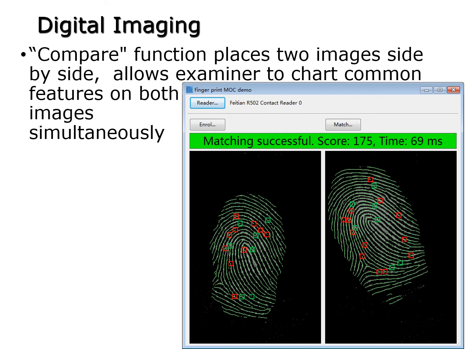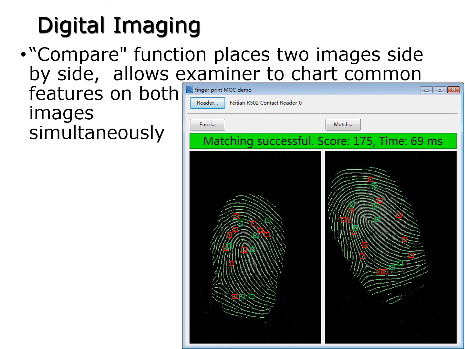In the digital imaging process, most software has what's called a compare function, where 2 images are placed side by side. The AFIS instrument then compares the 2 images. First of all, by clarifying the image, and then by identifying the minutiae.